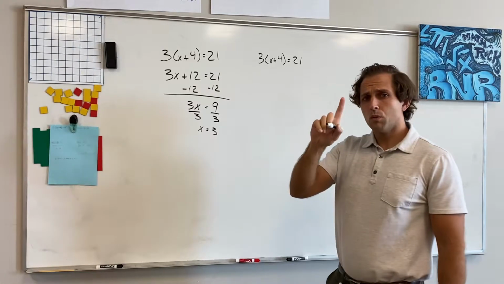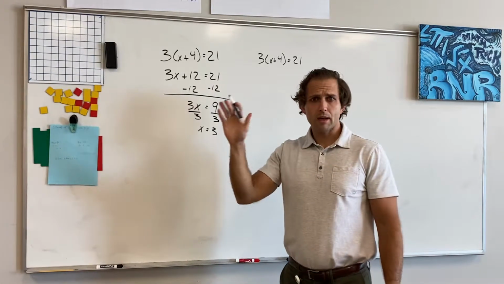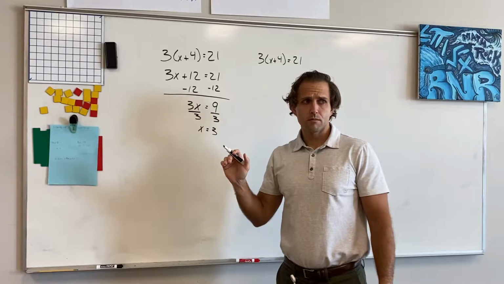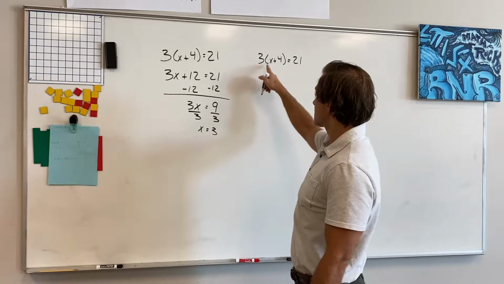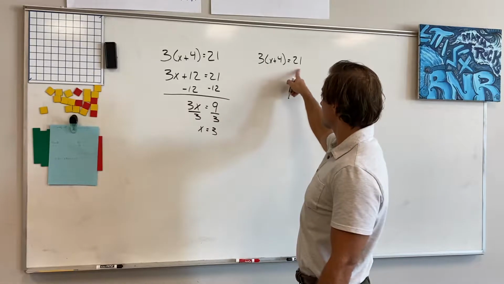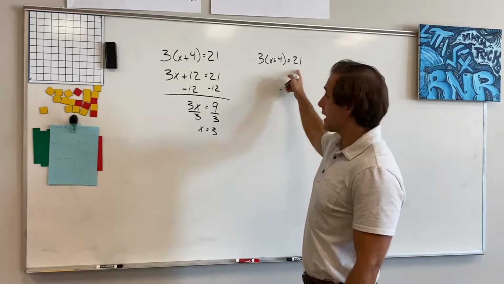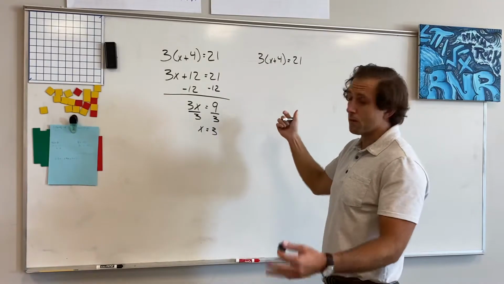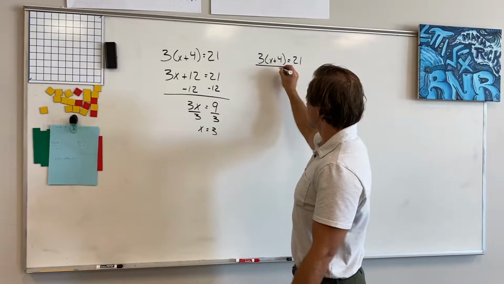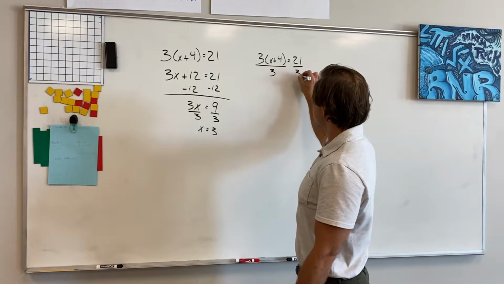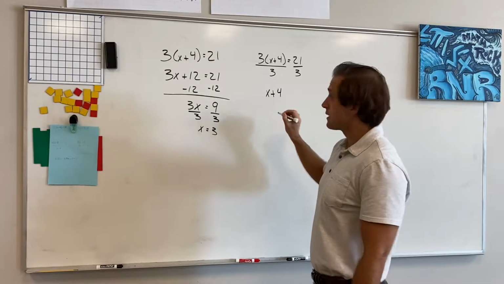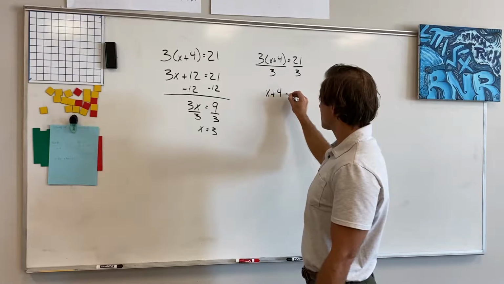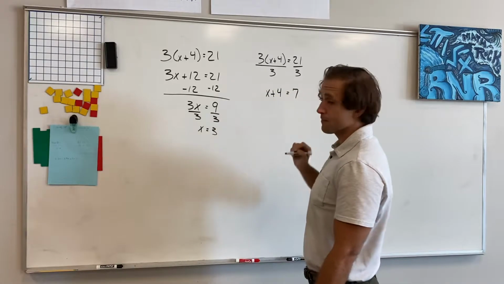Well, what would 1 group of x plus 4 be equal to? I think we could figure that out. We could look at this problem and say, well, instead of 3 groups of x plus 4 is equal to 21, I could go ahead and make an equivalent move on both sides of the equation here, divide by 3, and find that 1 group of x plus 4, or just x plus 4, is equal to 7.